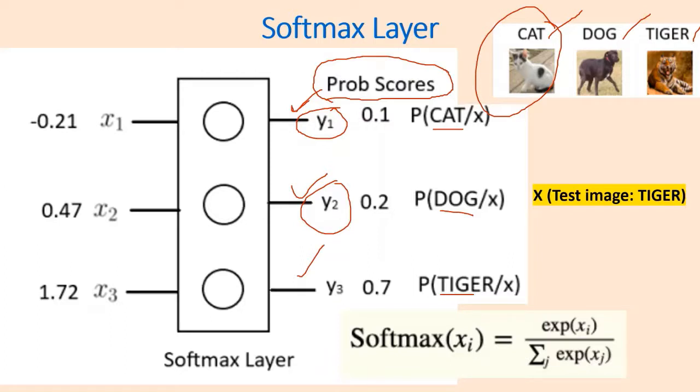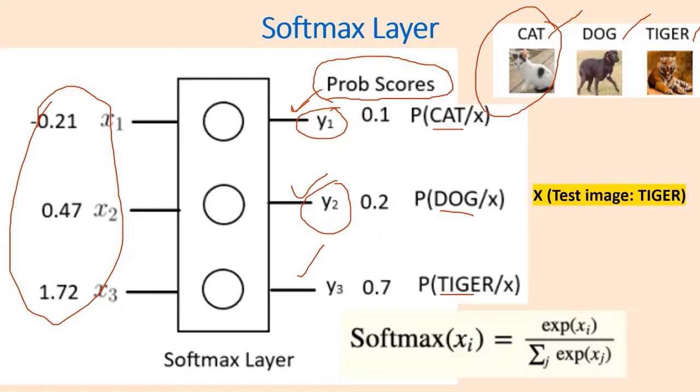Now when you look at the number of inputs and outputs of the softmax layer, they are going to be equal. If you are classifying 3 classes, there will be 3 inputs and 3 outputs. The output will be probability scores, and the input will be the features which you get from the fully connected layers. The last fully connected layer's number of outputs will be the same as the number of image classes.